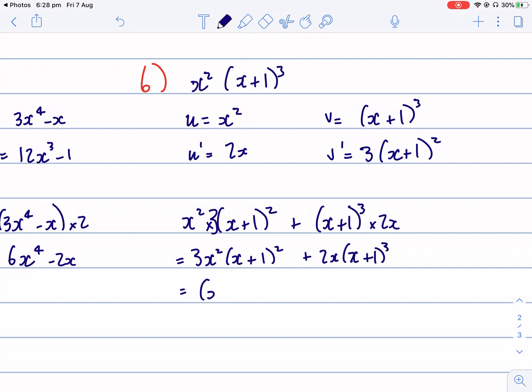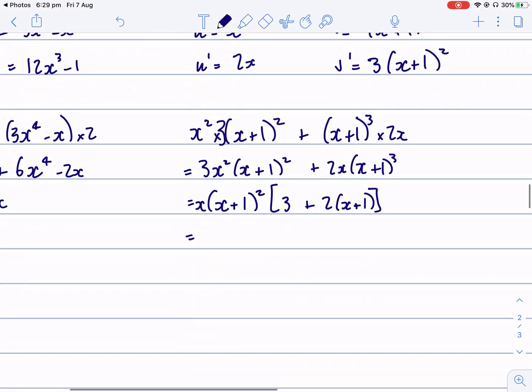Now if I take x times x plus 1 squared out, then I'm left with 3x plus 2 times x plus 1, which means I've got x times x plus 1 squared times 3x plus 2x plus 2, so 5x plus 2. Is that where that's it? They got 5x plus 2. What did I do?